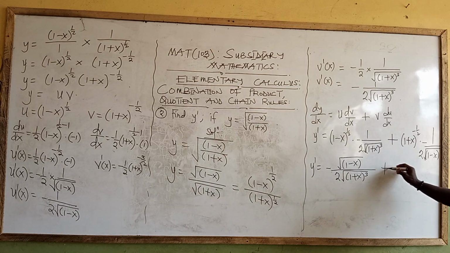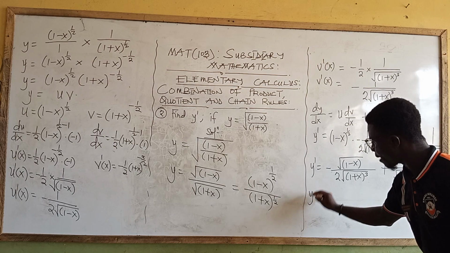Then plus, you can drop this down, you can reverse that, right? The inverse. So I get 1 over square root of 1 plus x, right? Then times negative 1 over 2 square root of 1 minus x. Right.